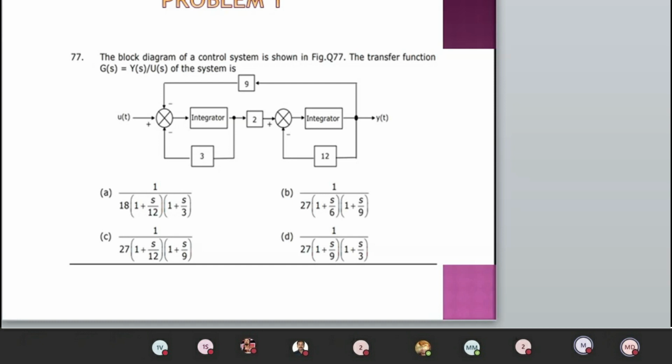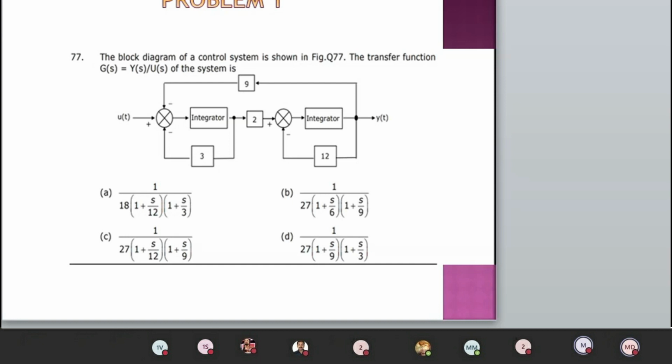I told you already, students, if you find the block diagram cumbersome or confusing, you can convert it to a signal flow graph and verify the result. But if you are very good at block diagrams, just proceed; it is less time consuming.